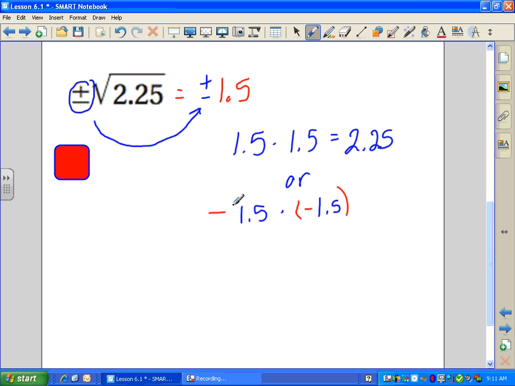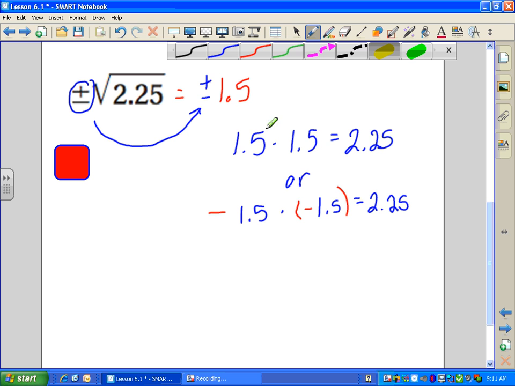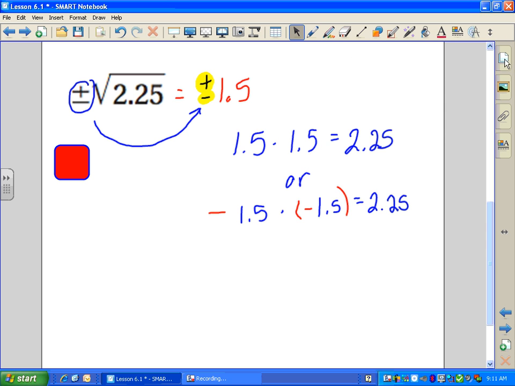A negative times a negative gives you a positive. So you should be able to see both problems work. So that's why we include a positive and a negative. All right, a couple more examples.